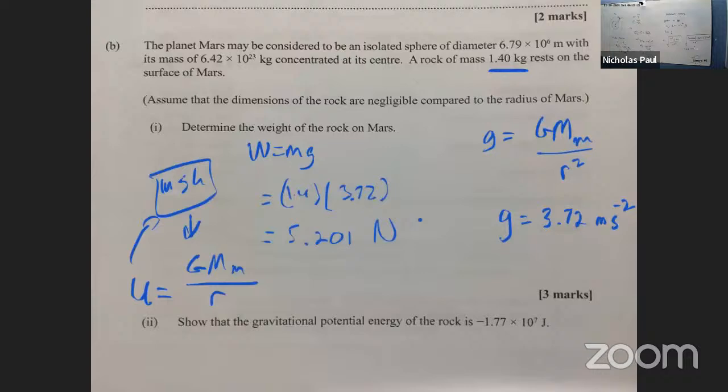It should get the same thing. Right, so plugging in G, the mass of Mars, the mass of the thing, 6.7, and 10 to the power 6 over 2.